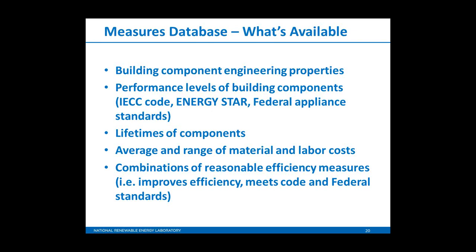It talks a lot about IEC codes. It also contains average lifetimes of the components, and also an average and a range of material and labor costs from kind of a distribution of what we found and what a contractor found of these components out there. So it also has labor costs too.